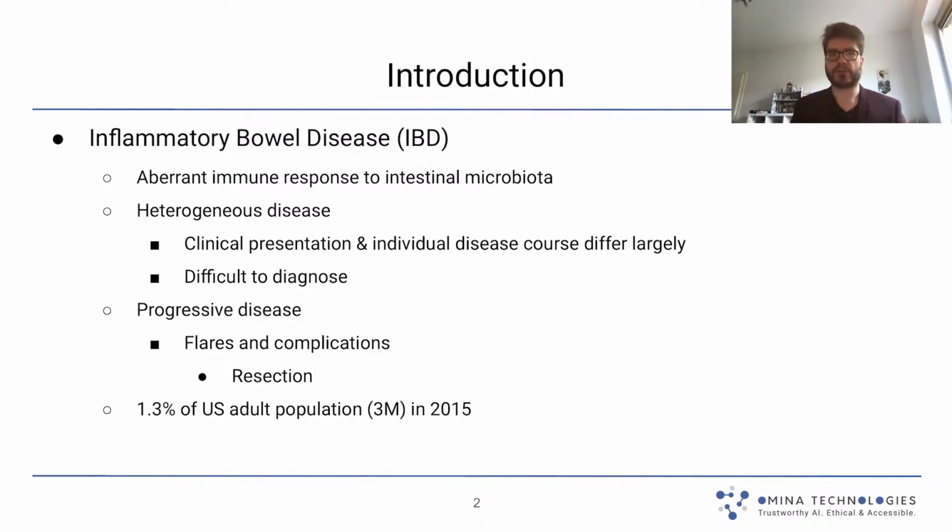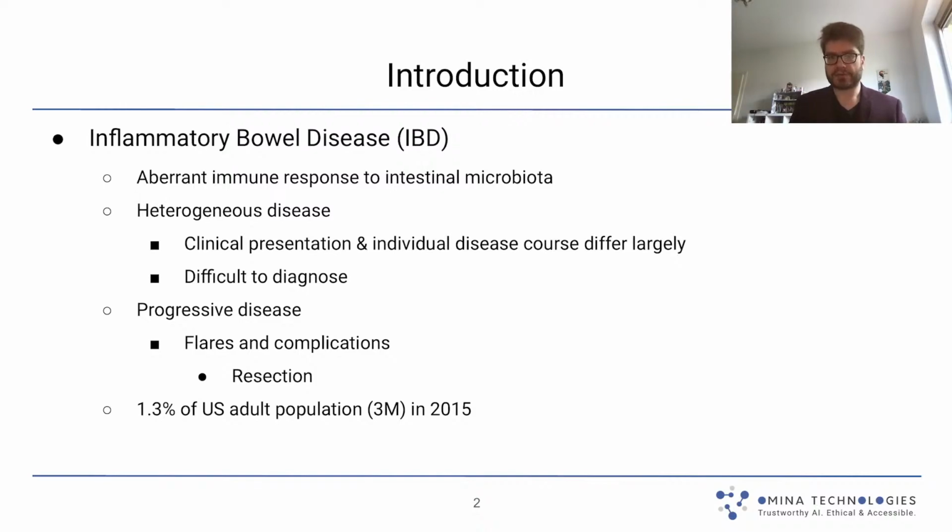But it's also a progressive disease, meaning that the inflammation over time in a patient becomes worse, and it can actually lead to flare events, where the inflammation in the intestines suddenly comes up to such amounts that in the worst case scenario it requires surgery and needs a resectioning or removal of part of the intestines.